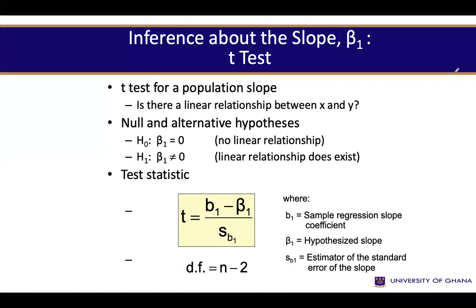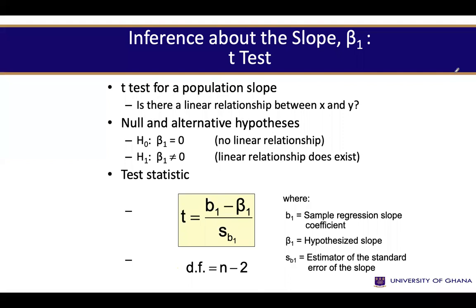Yeah. Okay. So we need to test hypotheses about how each of the independent variables contributes significantly to predicting the dependent variable. But here, because you have only one independent variable, that is the only inference that we are going to have.